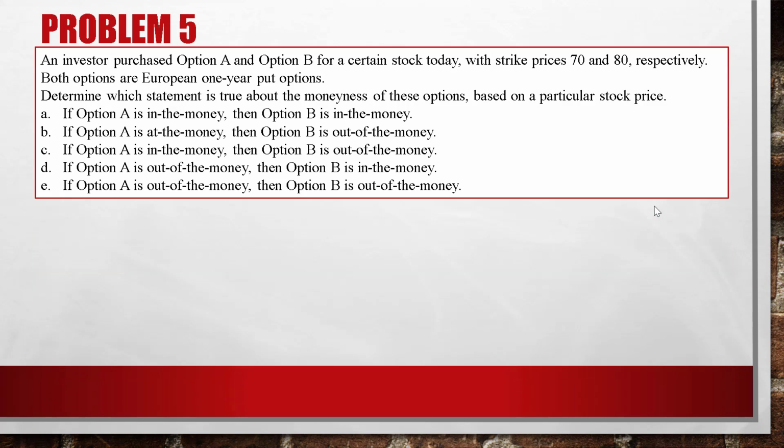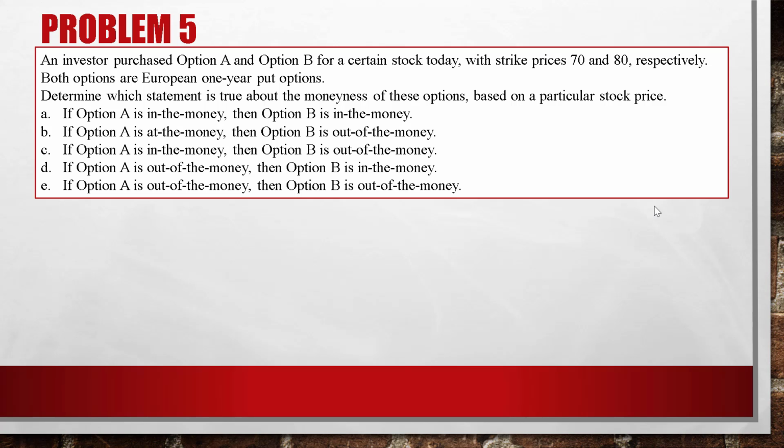Now let's look at problem 5. An investor purchased option A and option B for a certain stock today, with strike price 70 and 80 respectively. Both options are European 1-year put options. Determine which statement is true about moneyness of these options based on the particular stock price.